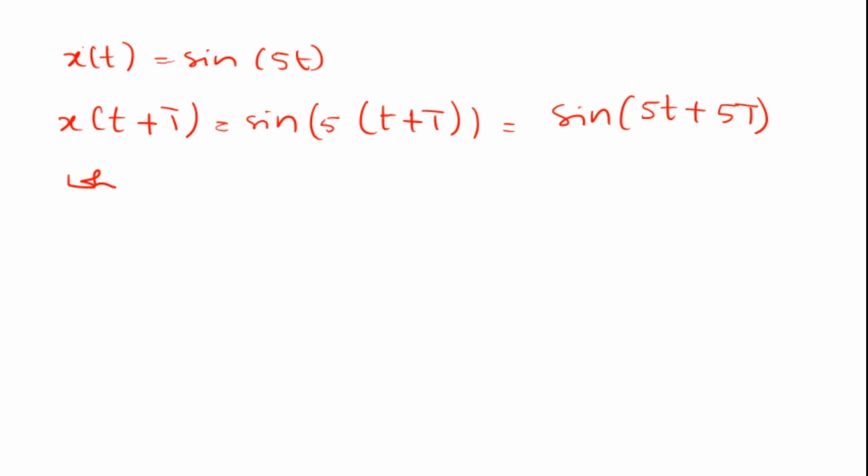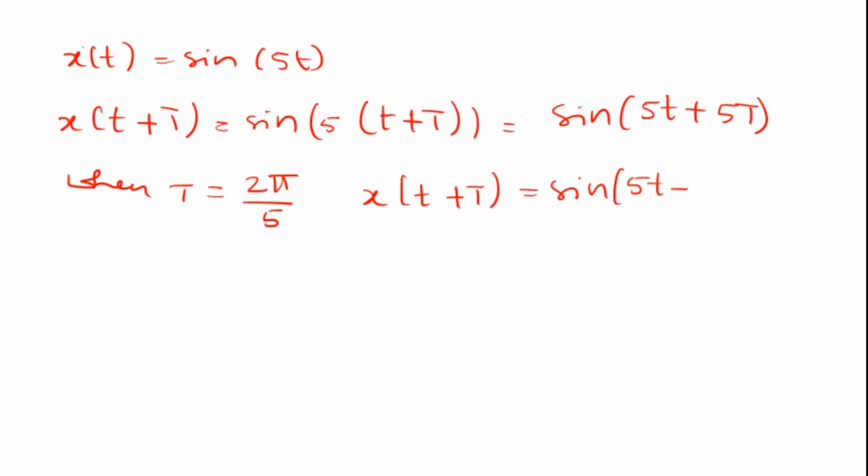When T is equal to 2 pi by 5, then x of t plus T is equal to sin of 5t plus 2 pi, which is equal to sin of 5t, which is equal to x of t.